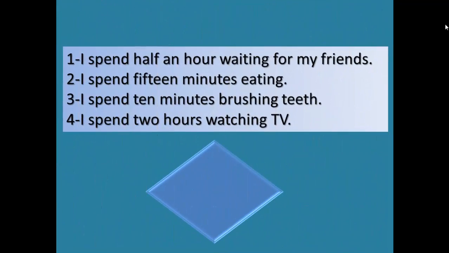Let's see this sample. Number 1, I spend half an hour waiting for my friends. So here, every day this person spends half an hour waiting for his or her friends. Number 2, I spend 15 minutes eating every meal.